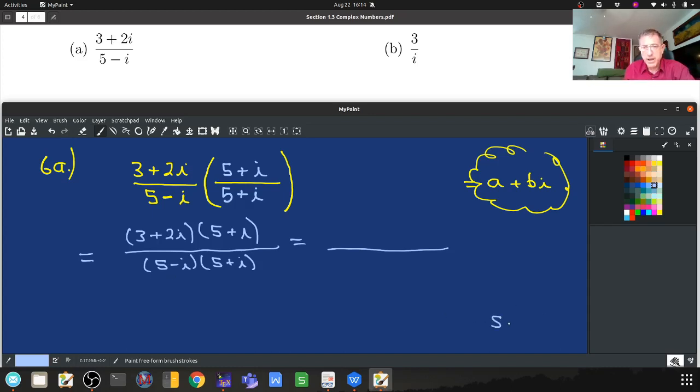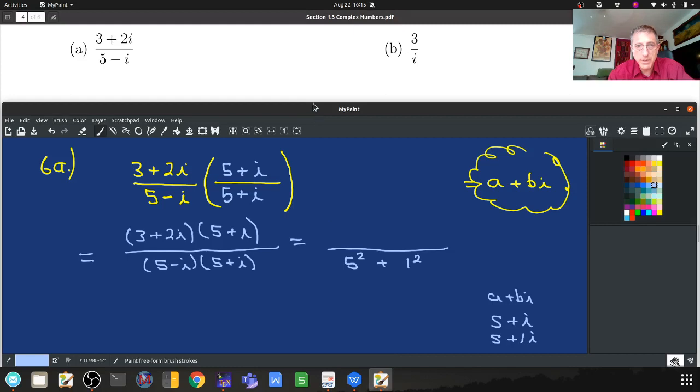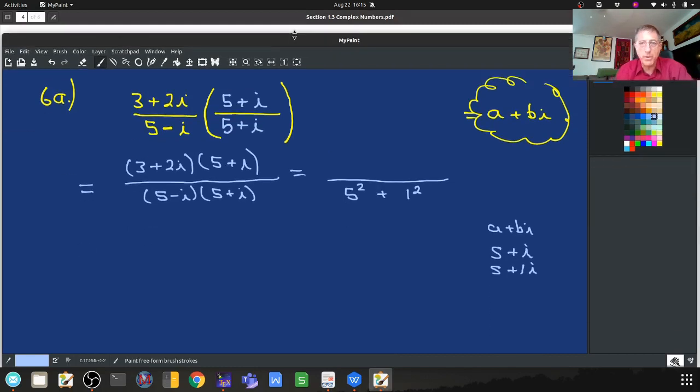Notice 5 plus i is the same as 5 plus 1 times i. So in a plus bi, a is 5 and b is 1. So this is equal to 5 squared plus 1 squared. Super simple. Over here at the top I just have to multiply out these two complex numbers using distribution or FOIL.